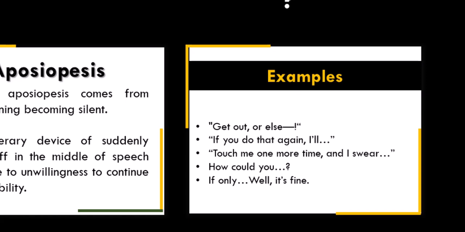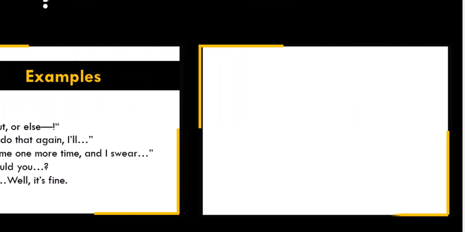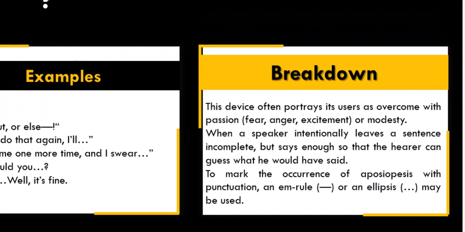So you can see from the way I've expressed these examples, this device often portrays its users as overcome with passion. This may be fear, anger, excitement, or modesty. Maybe you intend saying something insulting or abusive, then you just decide to pause in the middle of the speech.